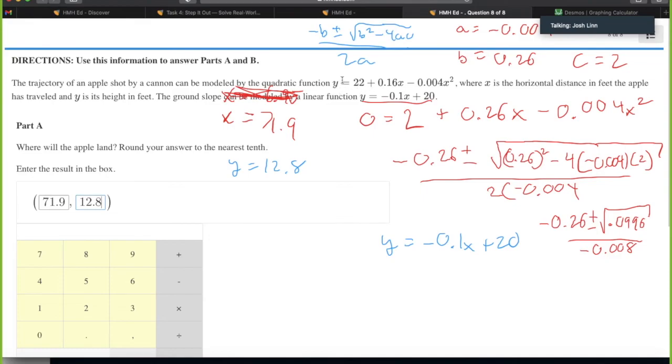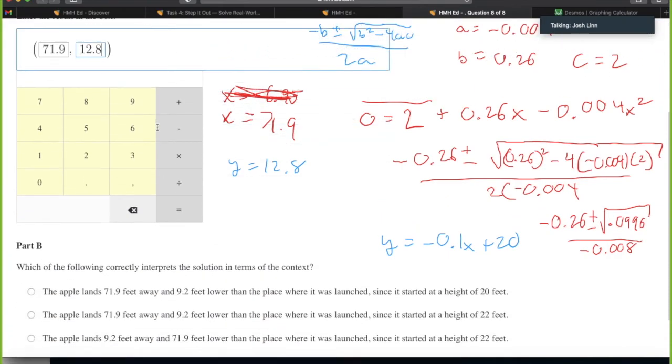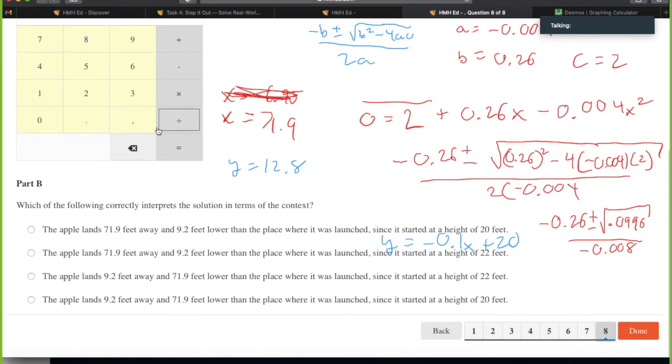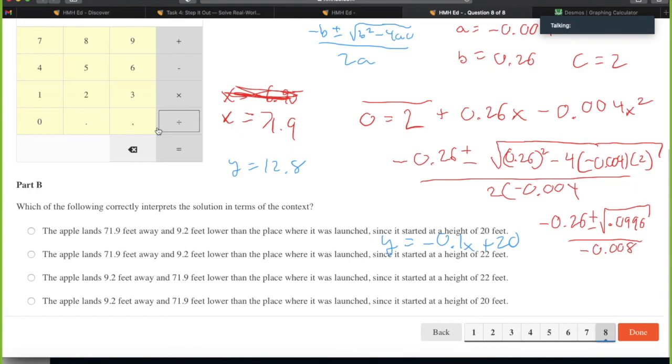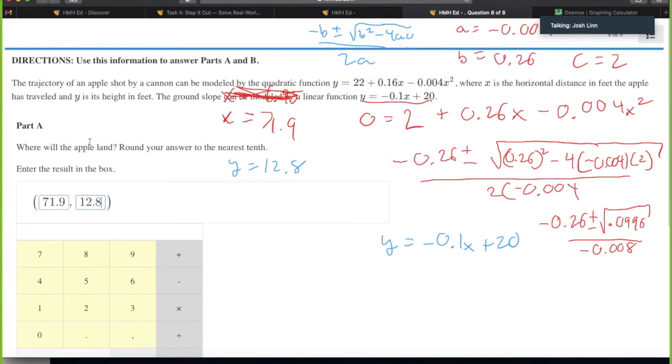That's the only thing I can say for that. So their y, they got the same number that we did. They got y equals 12.75. I'm trying to figure out why they decided that the apple lands. Oh, here we go. So this is correct right here.